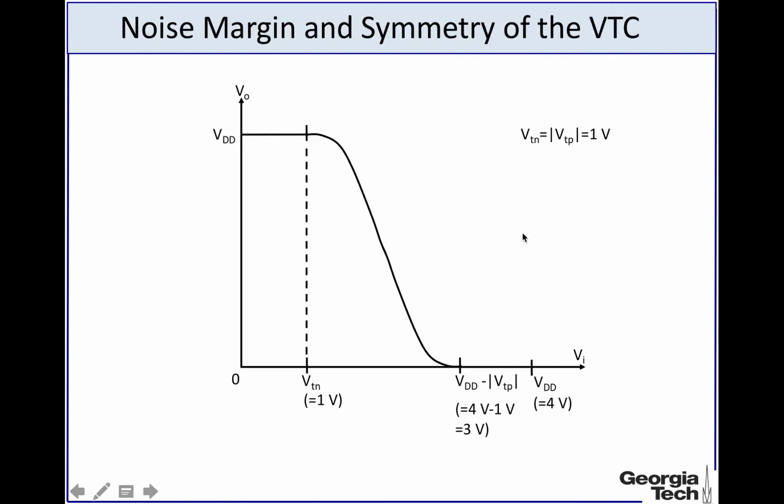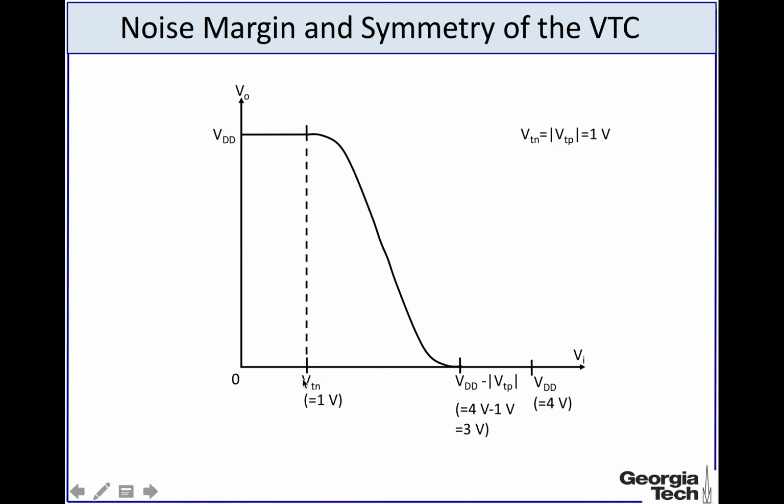Okay, so now let's look at one important characteristic of a voltage transfer curve, that is the symmetry. In the exercise that we did in one of the previous lectures, we took both of the inverters to have a threshold voltage of 1 volt, and another characteristic was that both the N MOSFET and P MOSFET had the same strength.